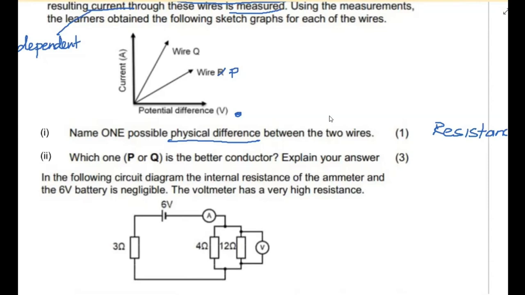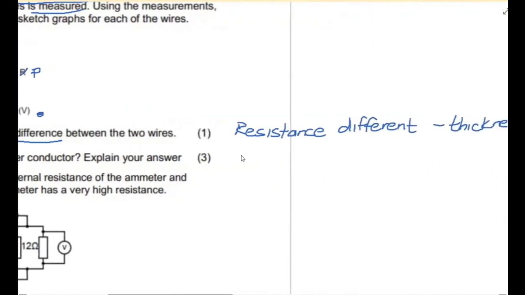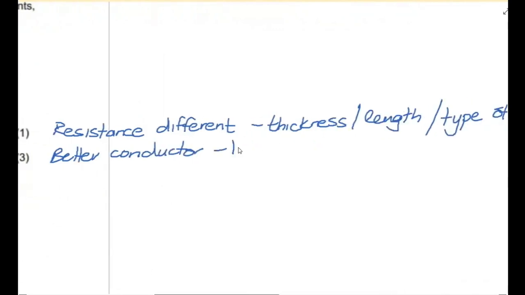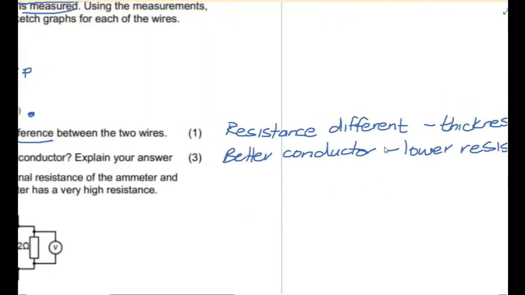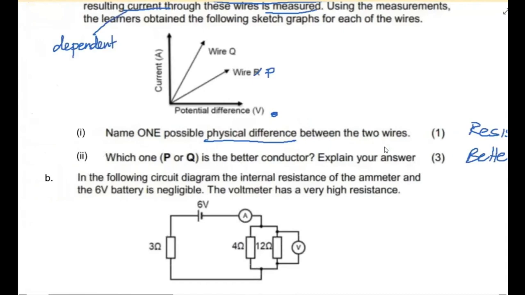So please keep track of this: to be a better conductor, you must have a lower resistance. So we need to find which of these has the lower resistance. Unfortunately, what have they done?